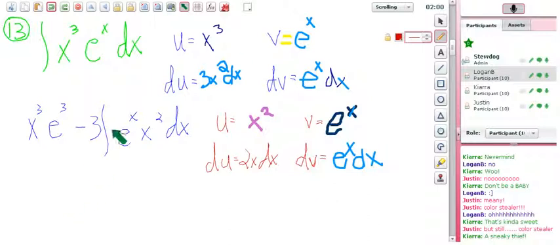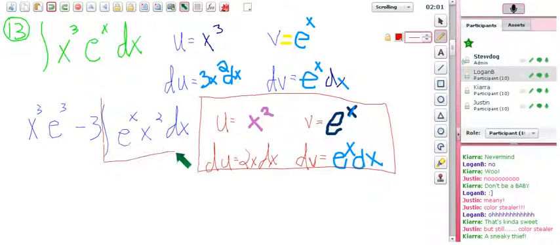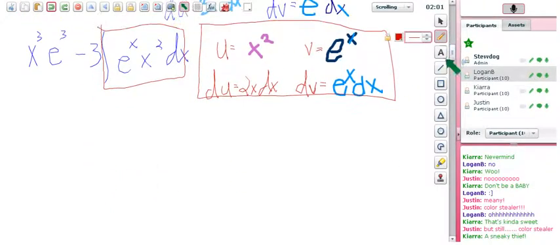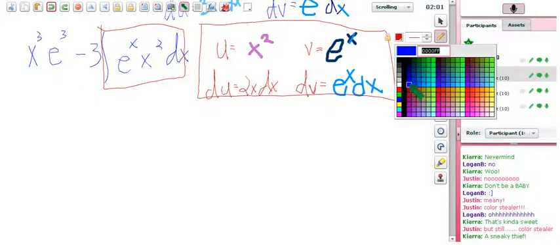So now all of this stuff, I'm outlining it right now, is going to be used to rewrite this integral, but the rest of it is still there. I'm going to scroll down now and try to keep this color coded.